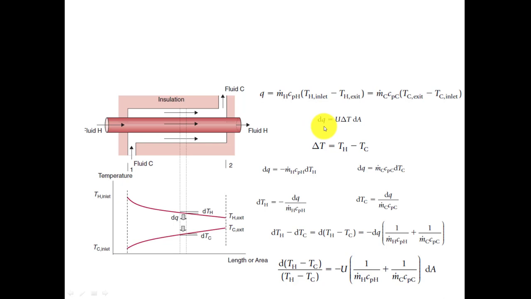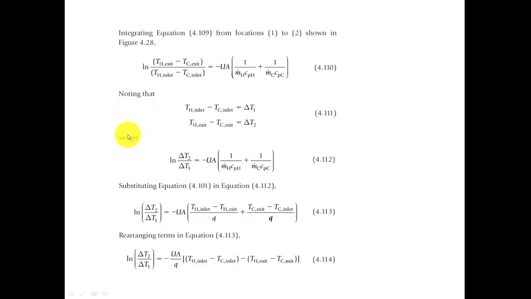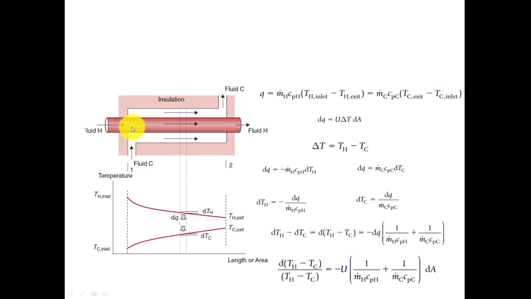Now I'm coming to what this del T actually is. Del T is the temperature difference of hot and cold fluid that exists in this zone only. Let the temperature of the cold fluid be 5 degrees and the temperature of the hot fluid be 80 degrees. So the del T value will be 75.